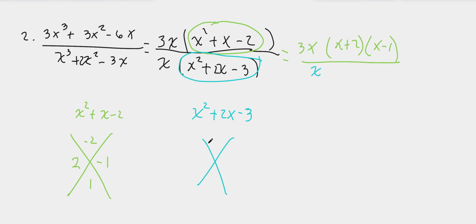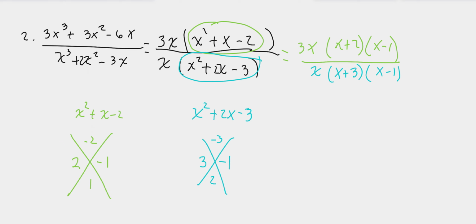So it will be two numbers that when I multiply them give me -3, but when I add them give me 2. Well, that will be 3 and -1. 3 times -1 is -3. 3 plus -1 is 2. So we have x plus 3 and x minus 1.